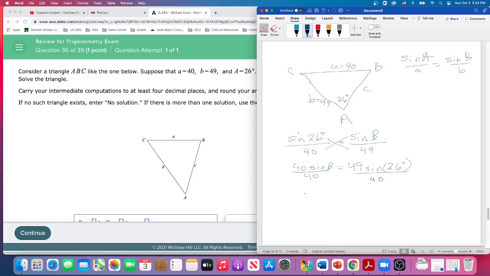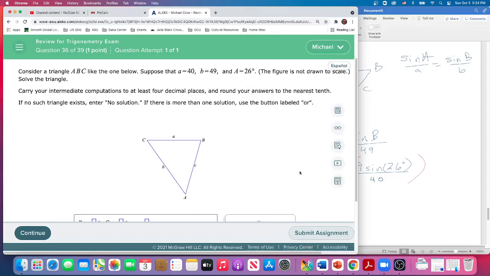So if we take the inverse sine of both sides, this cancels, inverse sine of the sine of B, inverse sine of all of this, we will have angle B.